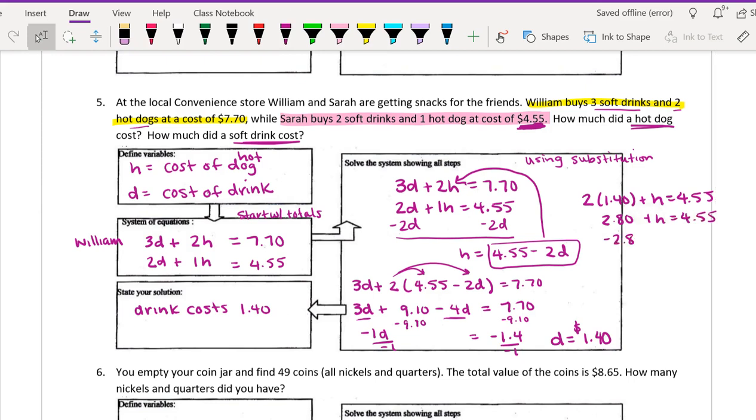So if I subtract the $2.80, we're going to end up with a hot dog costs $1.75. Okay, and so that's how we could do a problem that's set up like that.